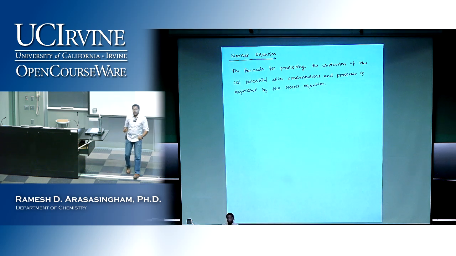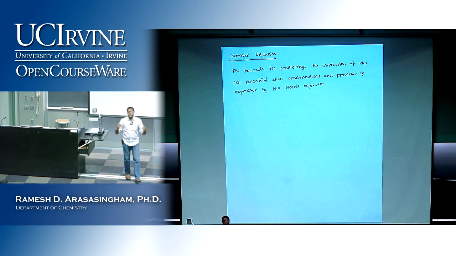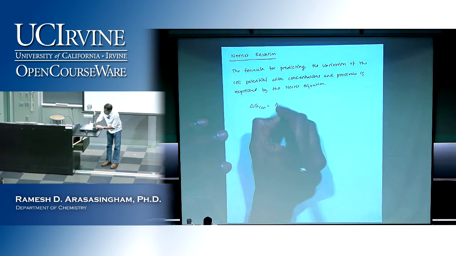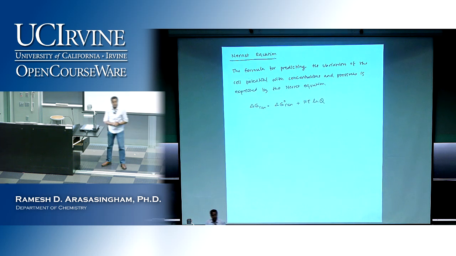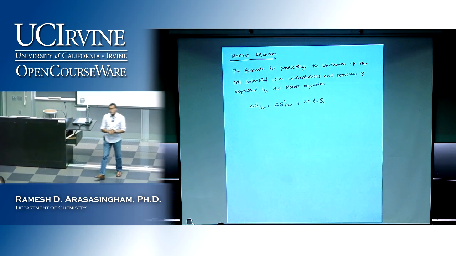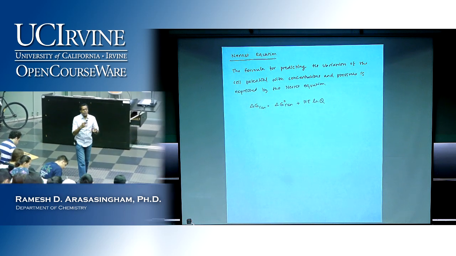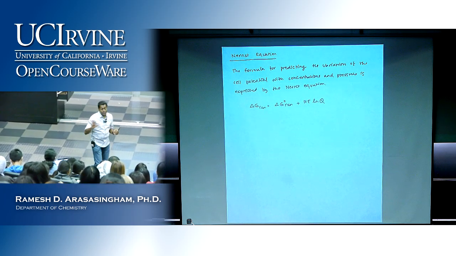All right? And once again, we're going to start with the equation that we learned in thermodynamics. Now, if you want to look at the change in free energy as the concentrations of reactants and products change, we said that is given by the equation delta G reaction equals delta G naught reaction plus RT ln Q. And remember, as the reaction approaches equilibrium, if you want to look at how free energy changes as the concentrations of your reactants and products change, we're using Q because we haven't established equilibrium yet.